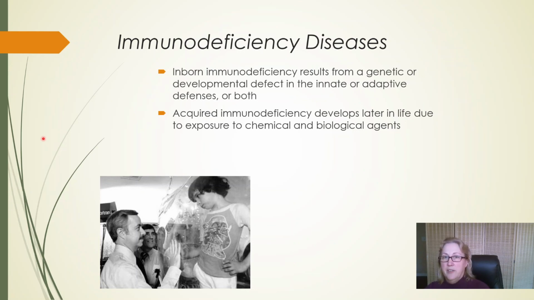The only way to fix the inborn immunodeficiencies is with some kind of gene therapy, and there have been a few successes with that. An acquired immune deficiency later in life, AIDS, is an example of that as well. AIDS stands for acquired immunodeficiency syndrome, caused by the HIV virus, but it can also be caused by other kinds of exposures or even as part of a medical treatment.